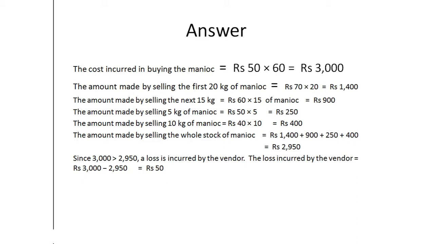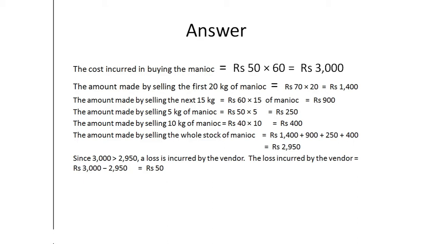The amount made by selling 5 kilograms of manioc: 50 rupees into 5, 250 rupees. The amount made by selling 10 kilograms of manioc is 40 rupees into 10 kilograms, 40 into 10 is 400 rupees.